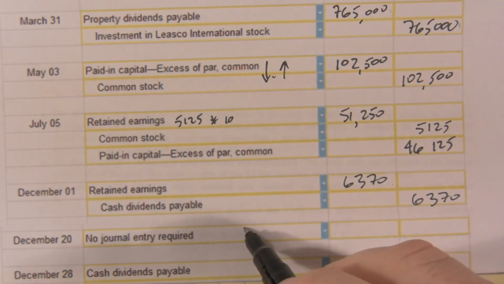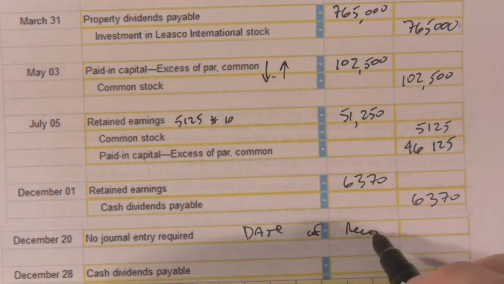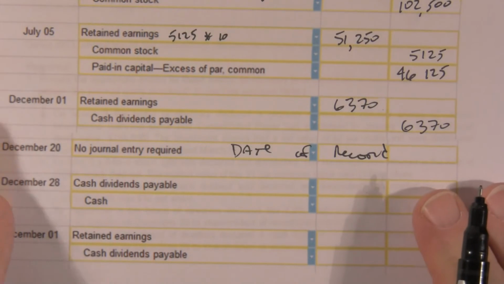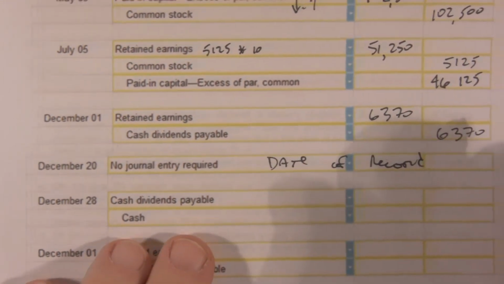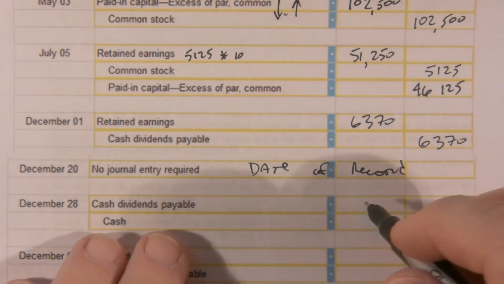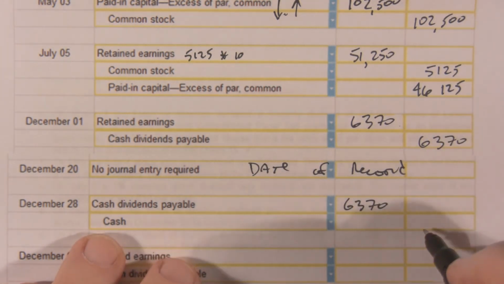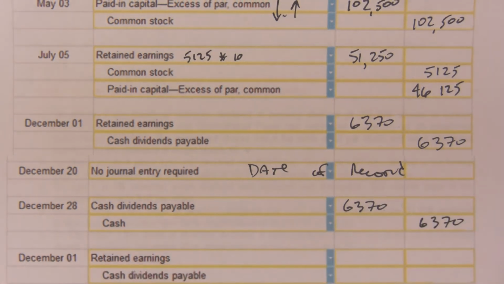There's no journal entry on the date of record. When we pay them, we're basically reversing this. So we're debiting dividends payable $6,370 and crediting cash $6,370.